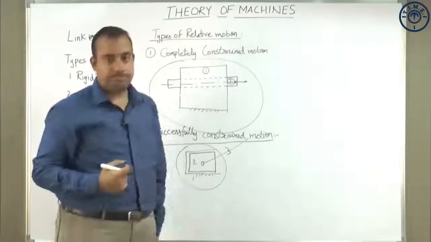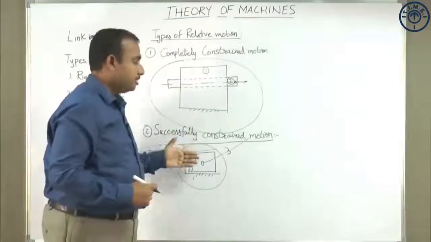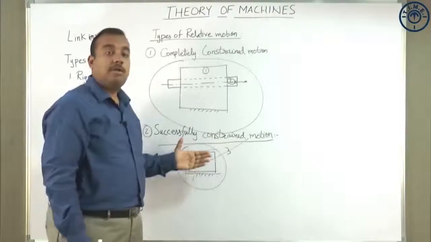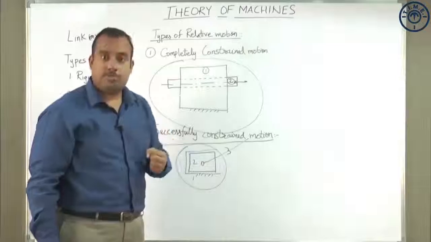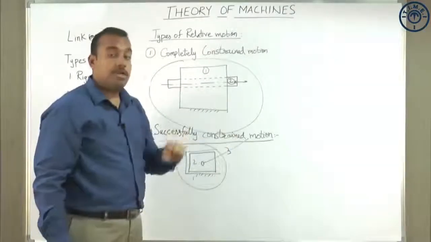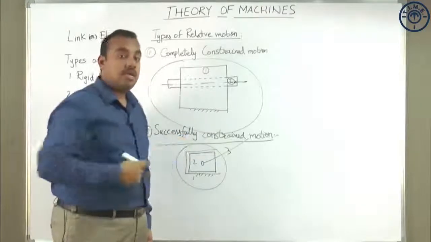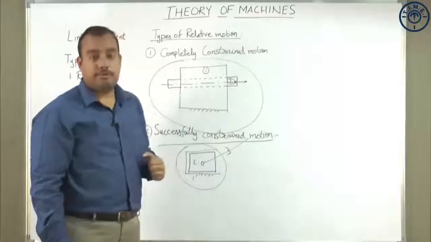Say, if the connecting rod is not there, then this piston not only reciprocates inside the engine cylinder, but also it might rotate. We are not able to constrain the motion when the connecting rod is not there. Due to the presence of the connecting rod, it is allowing the piston to only reciprocate inside the engine cylinder.